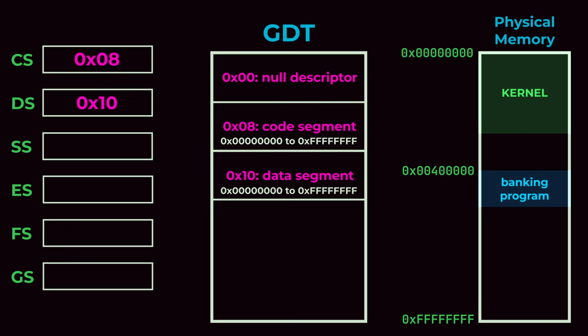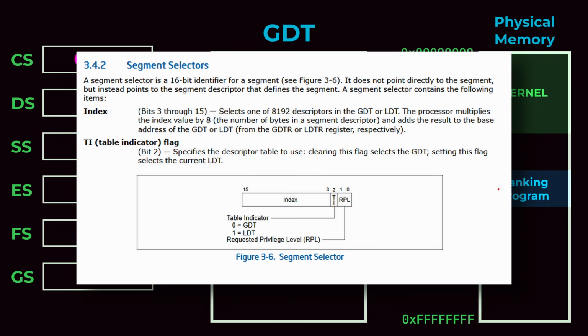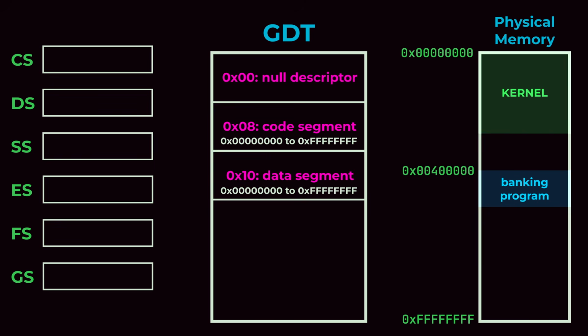In reality, there are some additional flags in the selector, but for now, we just set them to 0. Alright. In x86, we have these 6 segment registers, and each segment register has a specific purpose. For example, we have the code segment register that is used for instruction fetches.